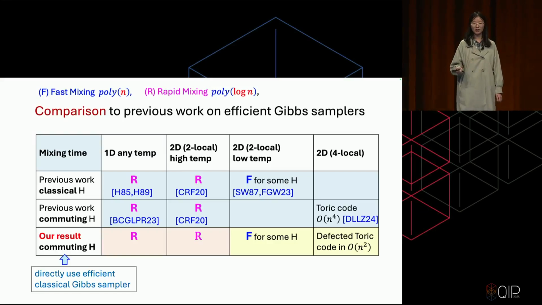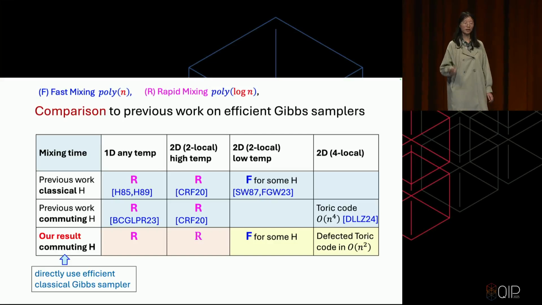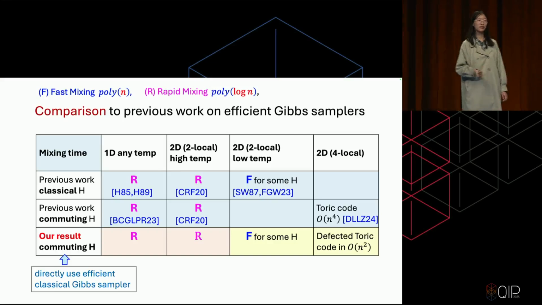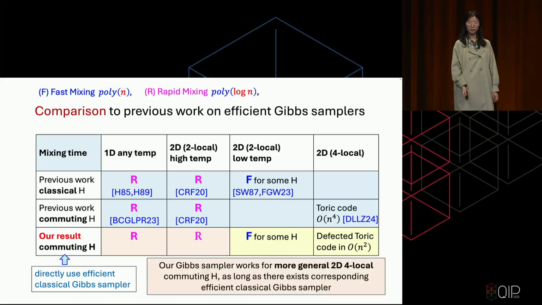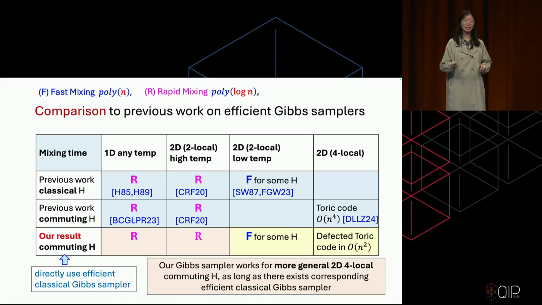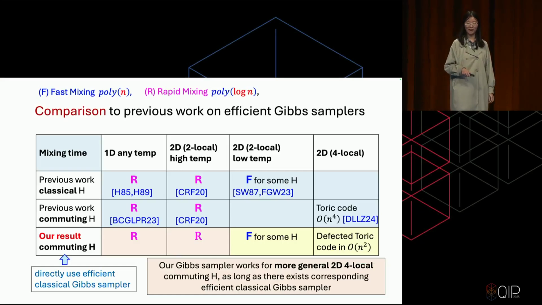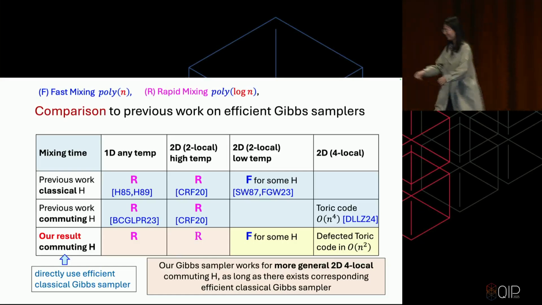For the harder regime, we can handle some kinds of Hamiltonians by using the classical techniques. And one thing I want to mention is our result is in fact more general than just this table, because we have a general reduction.